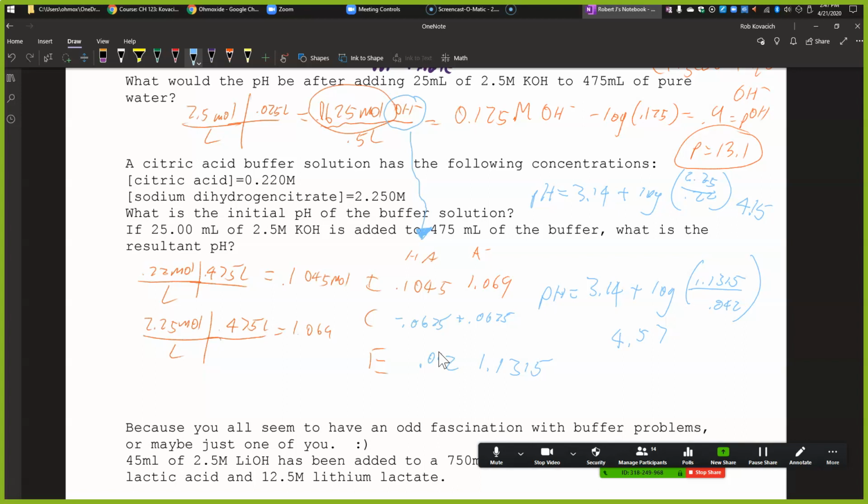How did you figure out the initial pH? I put the concentration of the salt in the numerator and the concentration of the acid in the denominator, took the log of that and added it to the pKa. And you got 4.1? So you did 3.14 plus log of 2.25 divided by 0.22. Oh, I switched them. Okay.